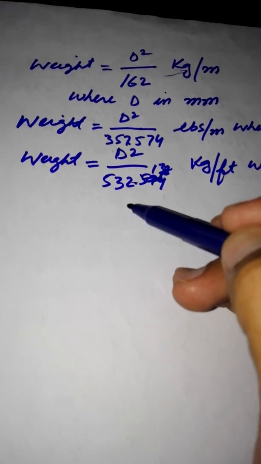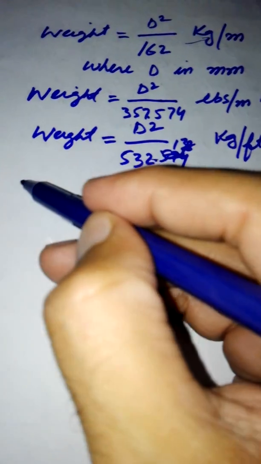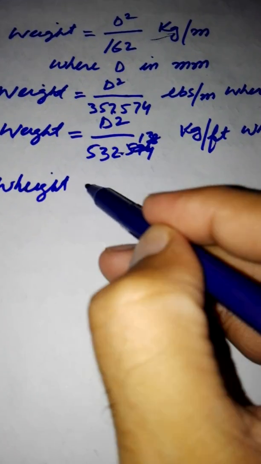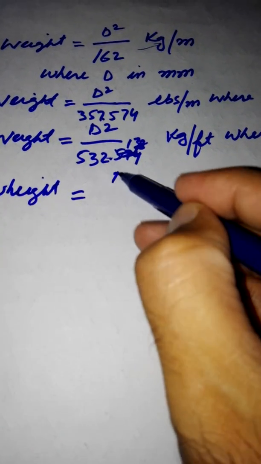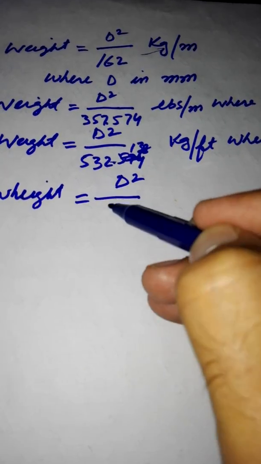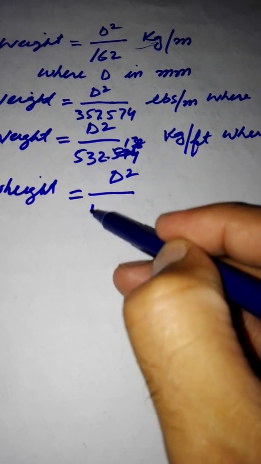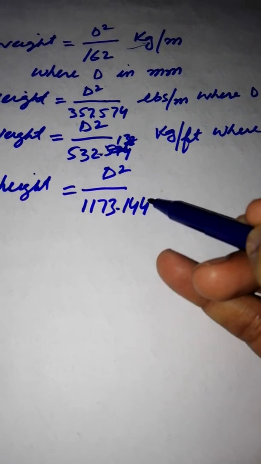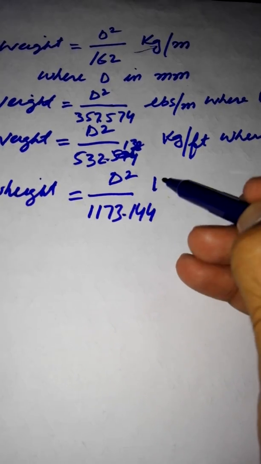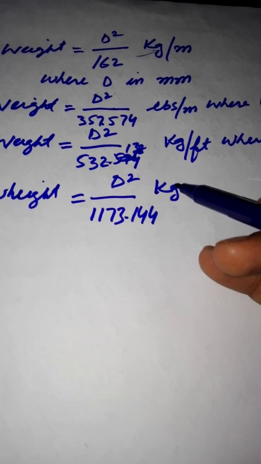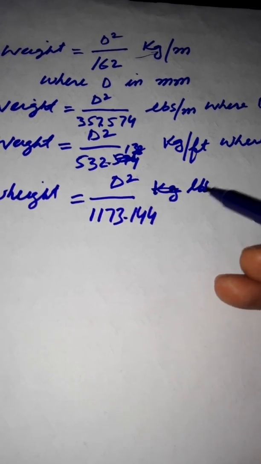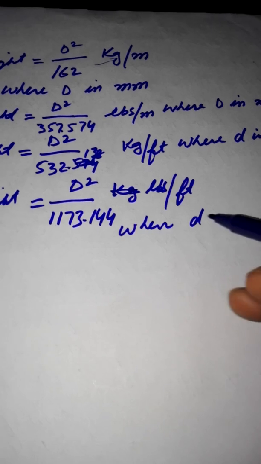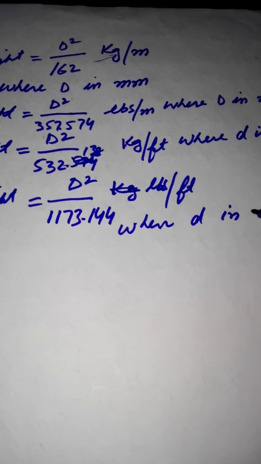Now the formula for pound per feet is weight is equal to d square divided by 1173.144 pound per feet, where D is in millimeters.